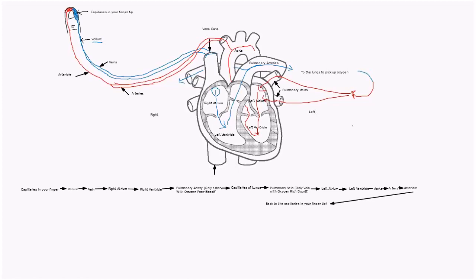So we've completed the loop, and you can do that loop anywhere in the body because, as we said in the book and in our Skype lesson, humans are a closed circulatory system. So everything is going to continue around in a loop. So I hope this review helps.